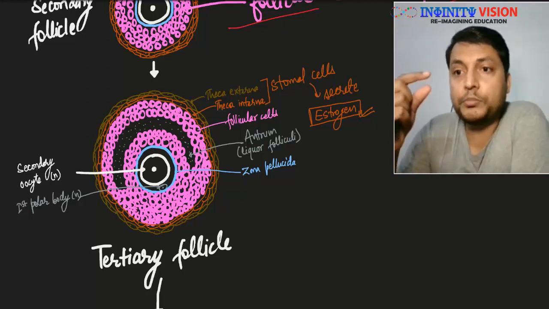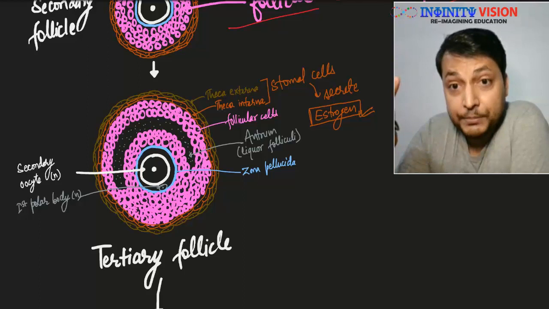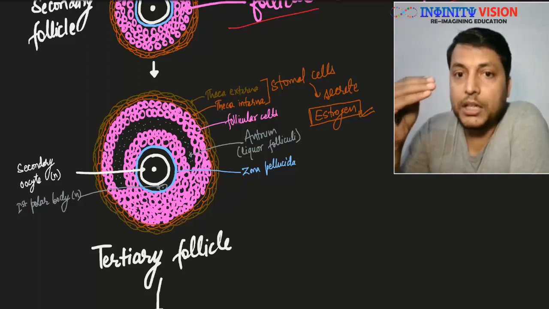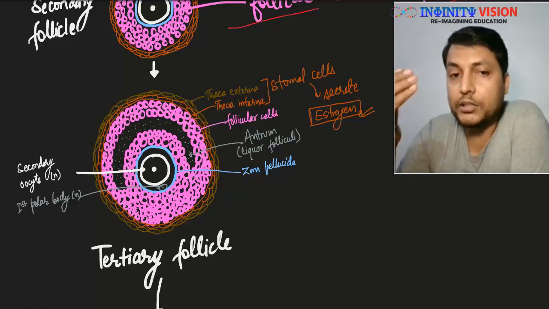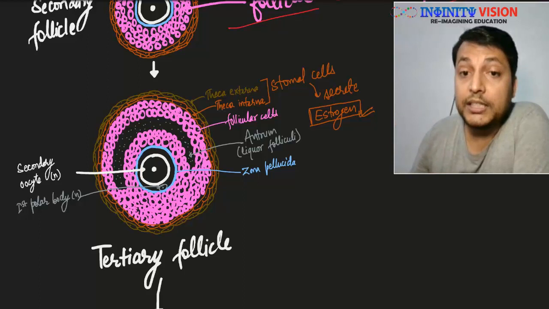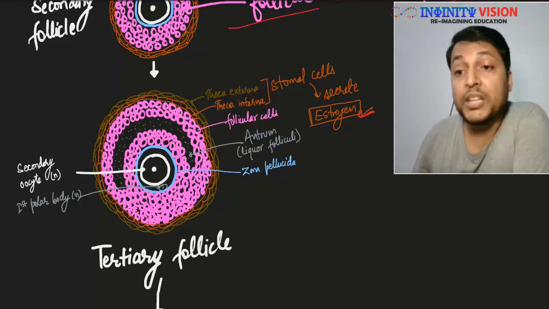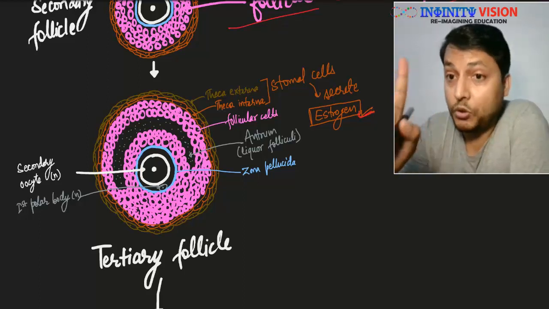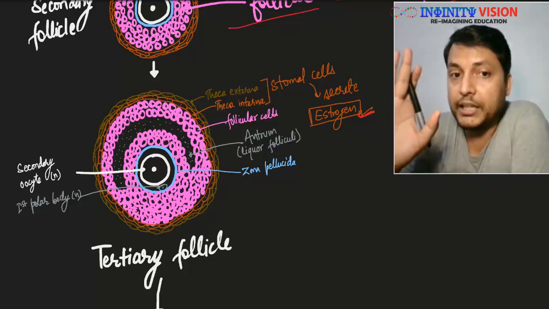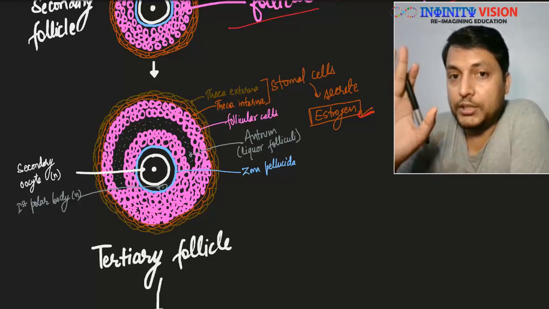These stromal cells are spindle shaped, and the cells of theca interna, or I can say the stromal cells of theca interna, secrete estrogen. They secrete estrogen, which is the female sex hormone. So some amount of estrogen is secreted by the theca interna stromal cells.